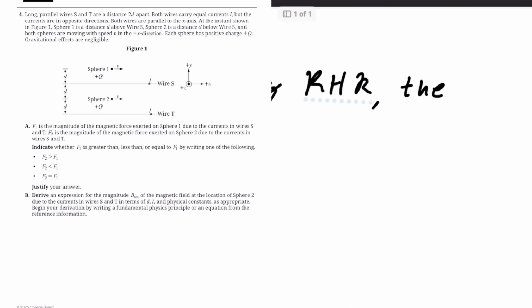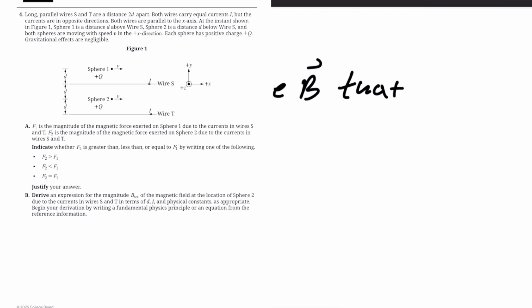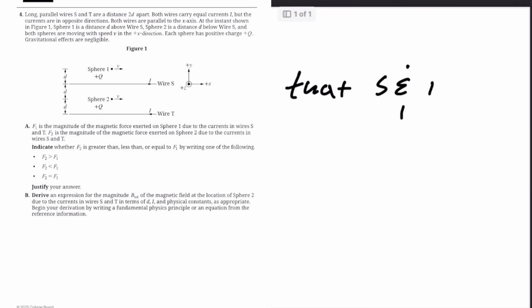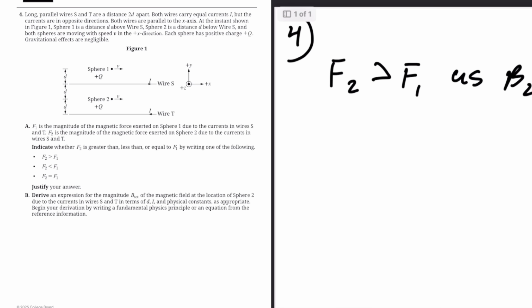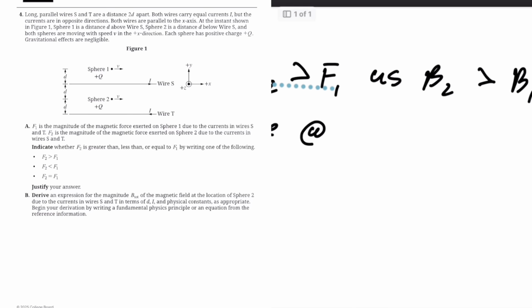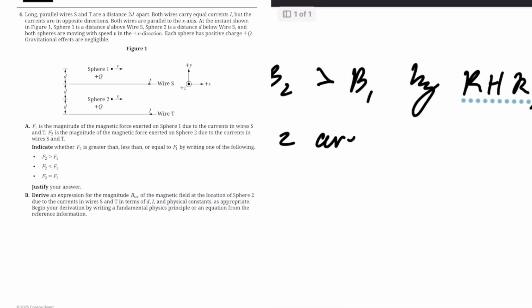The B, as in magnetic field, that S and T create at sphere 2 are in the same direction.